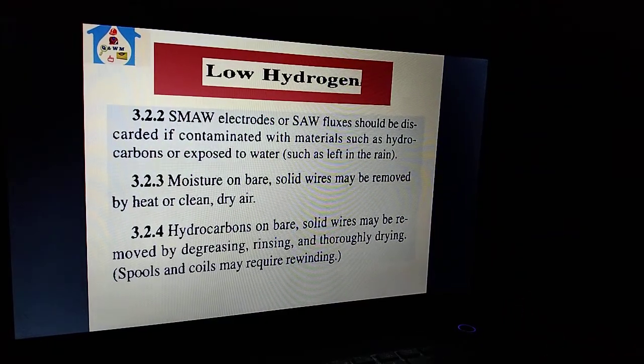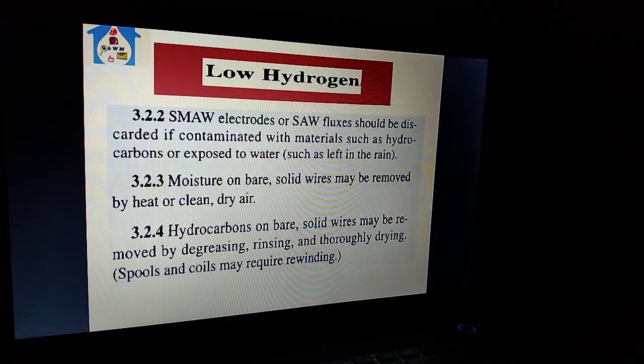Low hydrogen SMAW electrodes or SAW fluxes should be discarded if contaminated with material such as hydrocarbon or exposed to water, such as left in the rain.